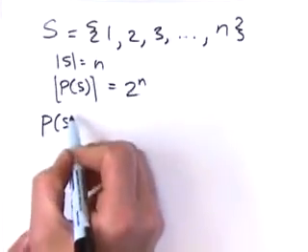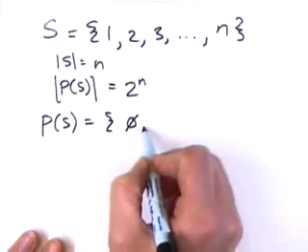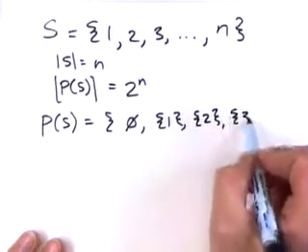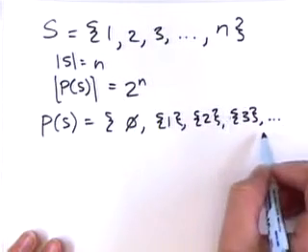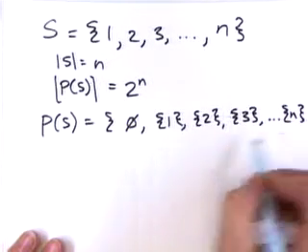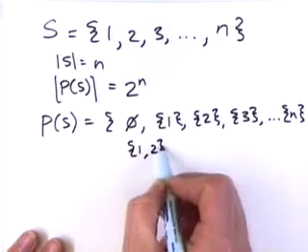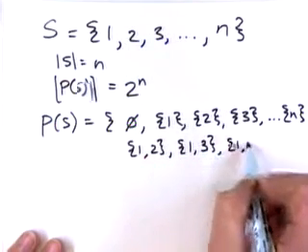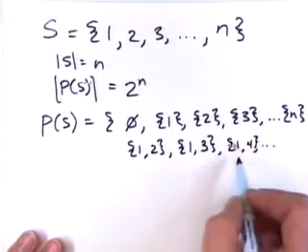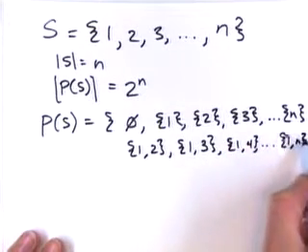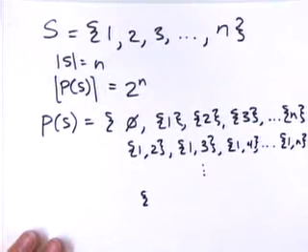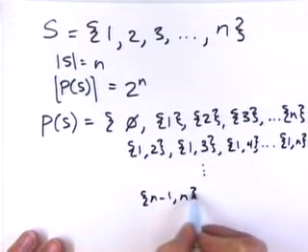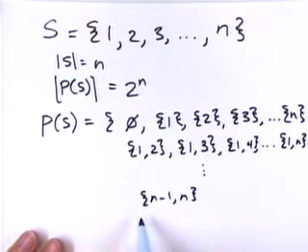And so the power set of S is the empty set, the sets containing the singletons, and then the doubletons, and so on, right?